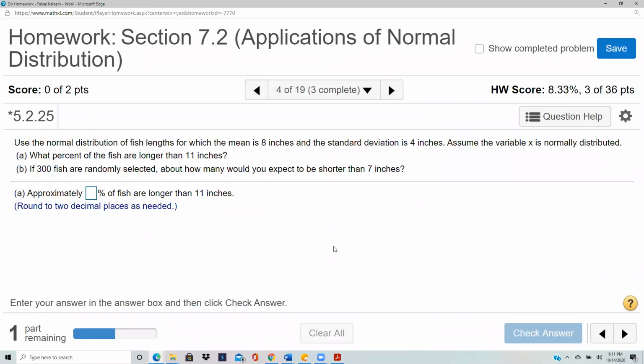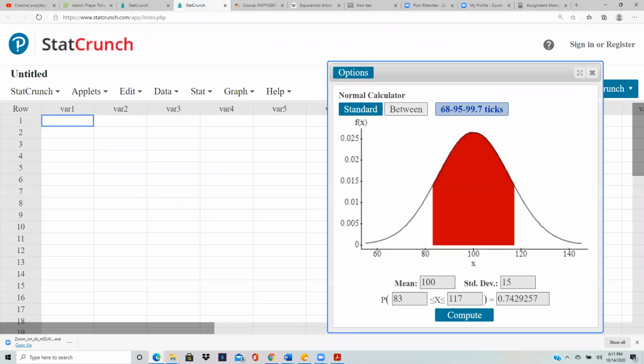Use a normal distribution of fish lengths for which the mean is 8 inches, standard deviation is 4 inches. What percent are longer than 11 inches? So mean 8, standard deviation 4, and longer than 11.